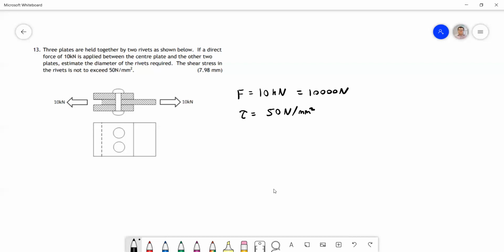What this does mean is that our area, once we calculate it, will also be in millimeters squared. So consistency of our units is incredibly important. From the course notes, we know that tau is equal to force divided by area. And therefore, rearranging this, area is equal to force divided by tau.